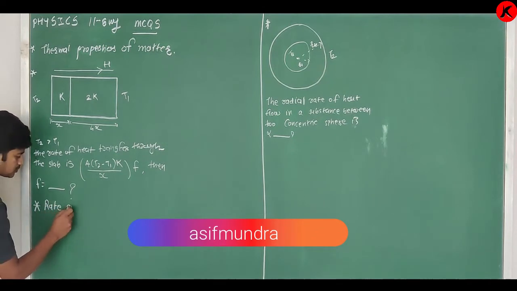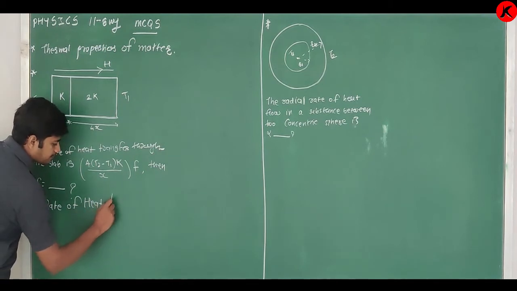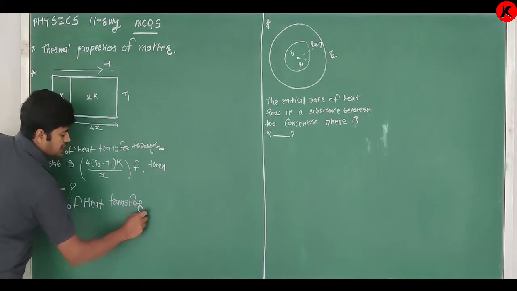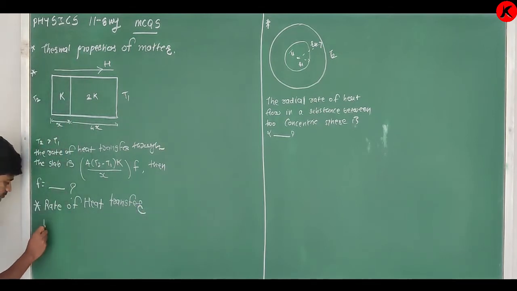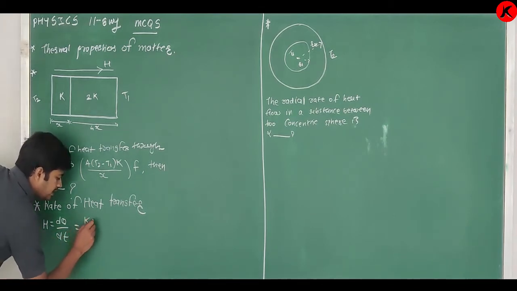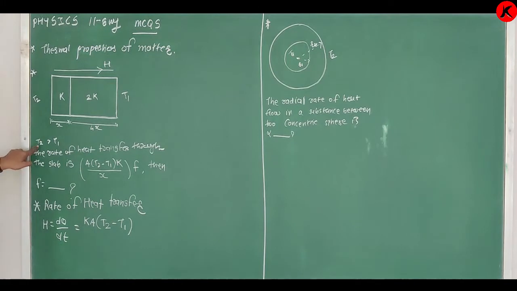Rate of heat transfer. Its equation is H, or we can say dQ upon dt, is equal to K A (T2 minus T1) divided by L. Why T2 minus T1? Because T2 is greater than T1.